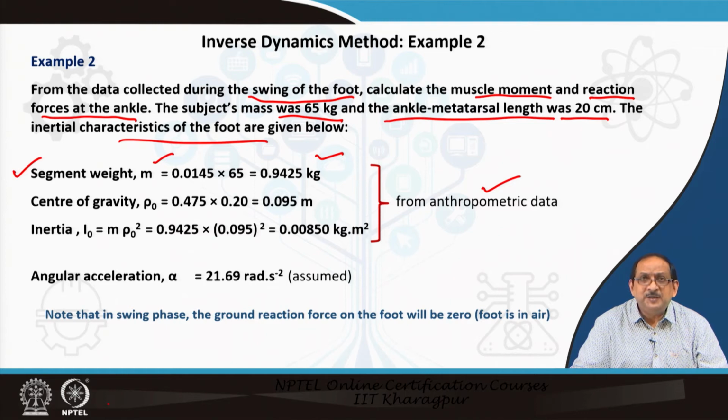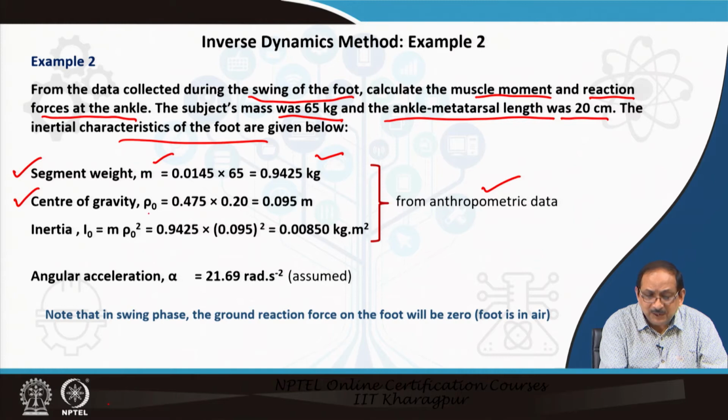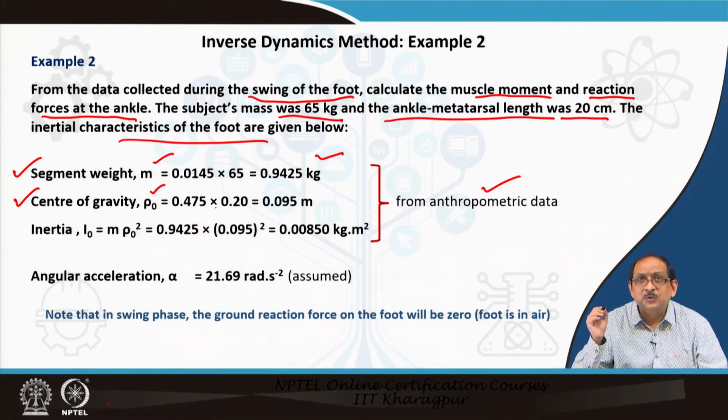The center of gravity position is indicated here, rho 0, and it is related to the length of the limb segment, that is 0.20.